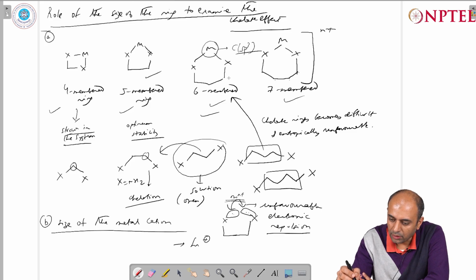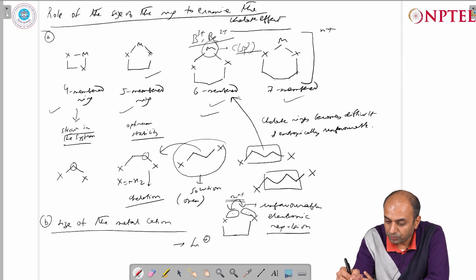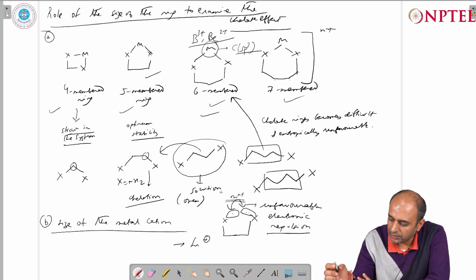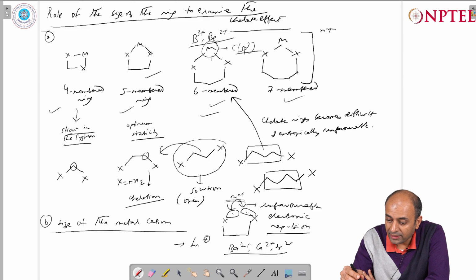And in this regard, the small size cations, like for example boron 3 plus and Be2 plus, form stable entities with these larger size ligands. On the contrary, if you take large size cations, for example barium, calcium, strontium, then the cations being large, they do not form very stable complexes with these particular ligands.